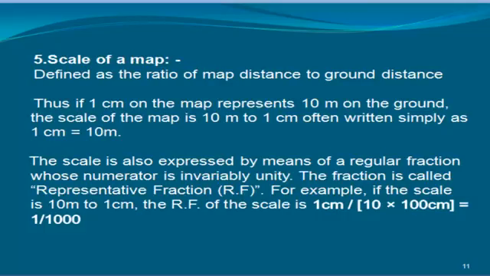The scale is also expressed by means of a regular fraction whose numerator is invariably unity. The fraction is called the representative fraction. Take the same example, 1 centimeter is equal to 10 meter. The representative fraction of the scale is written as 1 is to 1000.